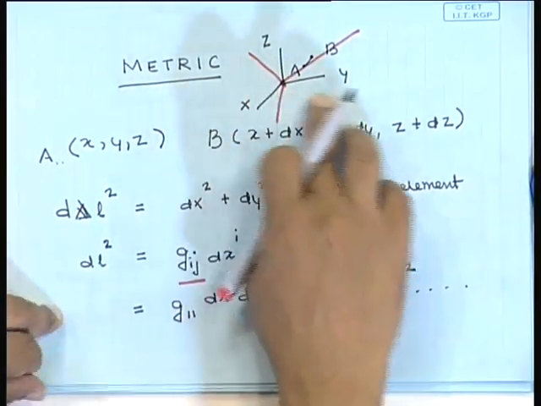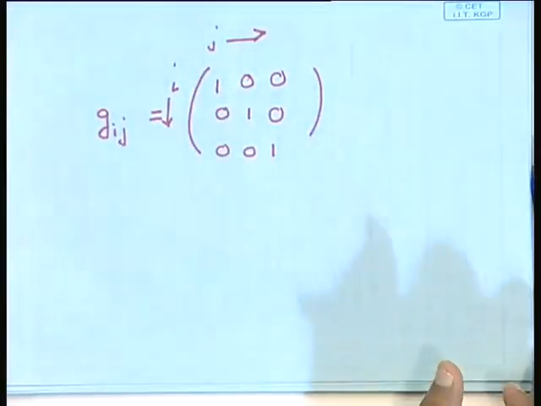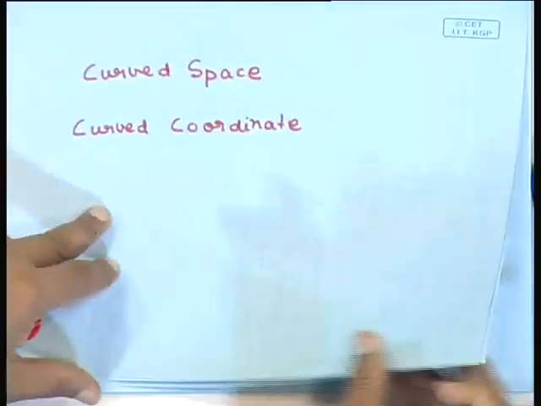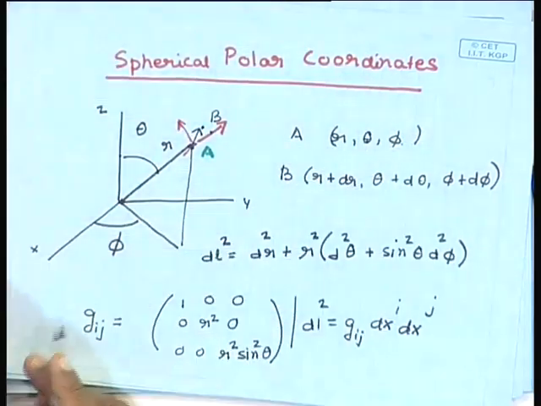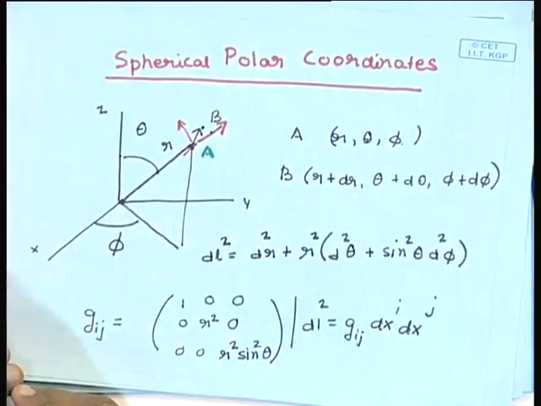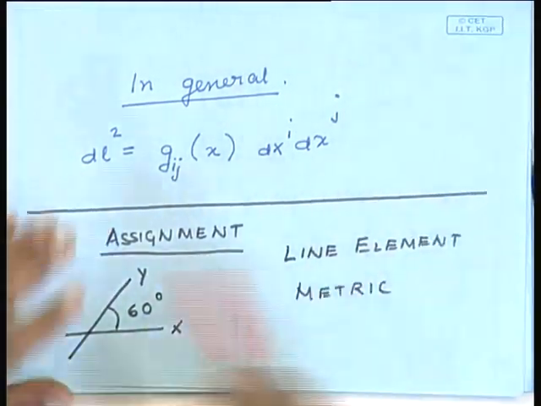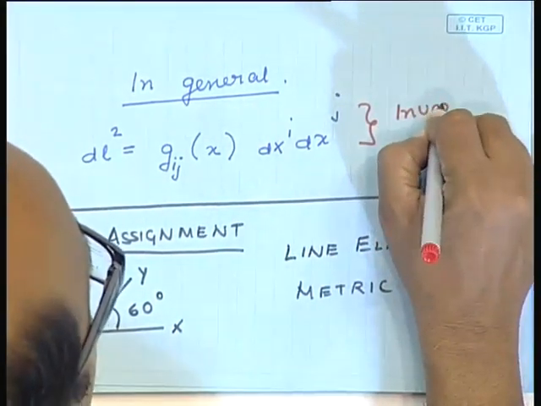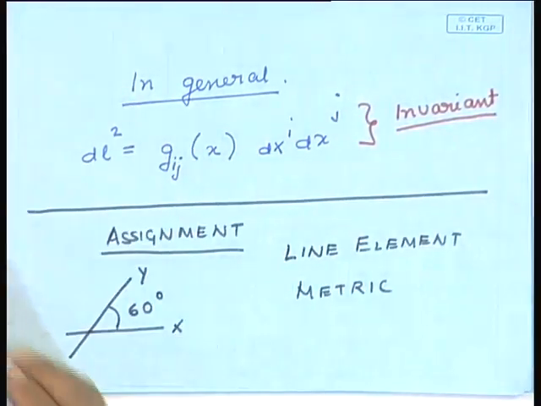Not only if I do a rotation like this, even if I go to a spherical polar coordinate system, the length between 2 points doesn't change. In a spherical polar coordinate system, for the same 2 points, the length does not change. So the distance between 2 points is an invariant. This is an invariant. That's a very important thing, which I forgot to mention.